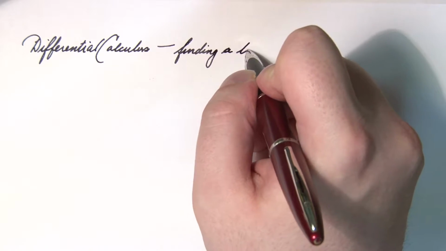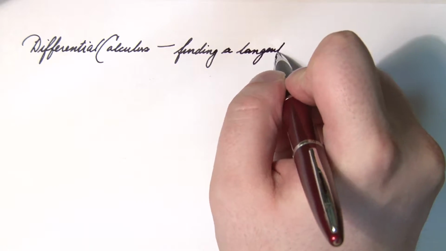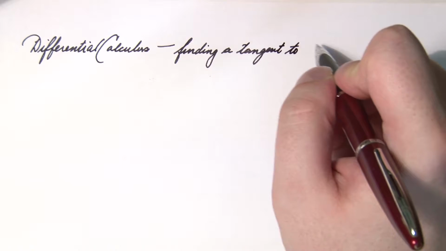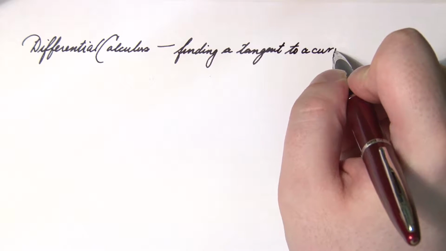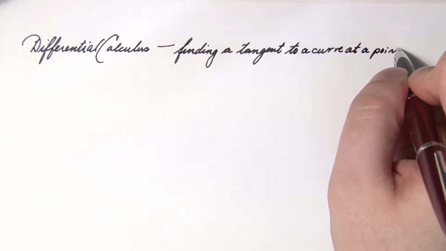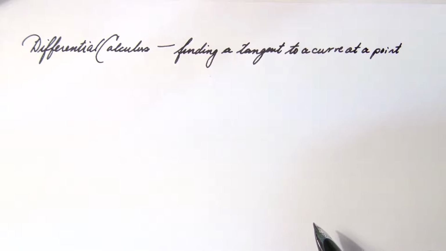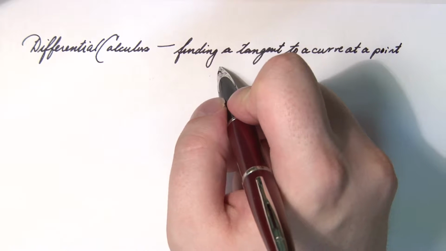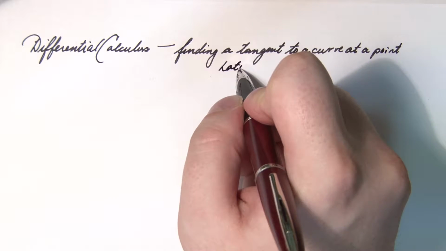a tangent to a curve at a point on that curve. First of all, what do I mean by a tangent? Well, tangent comes from the Latin for to touch.